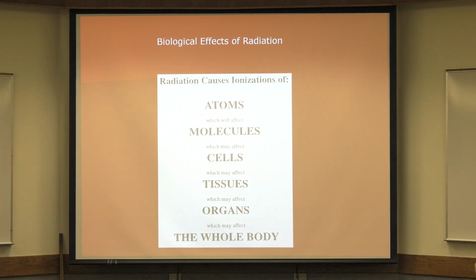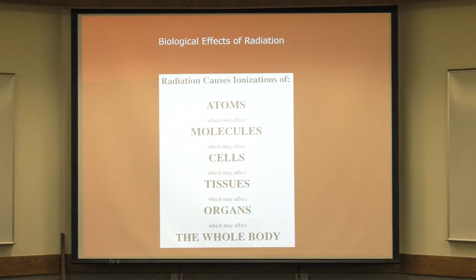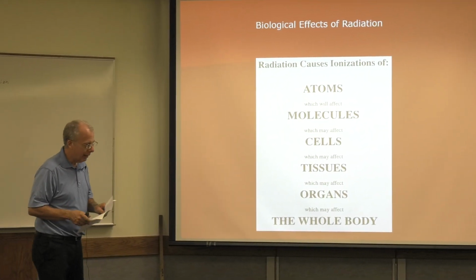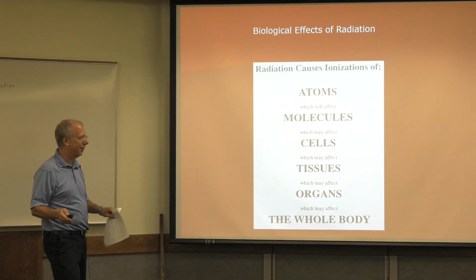Now, the biological effects really depend on how much radiation energy is absorbed by the tissue, and then how the tissue reacts to that radiation. They have some weird units, but whatever.